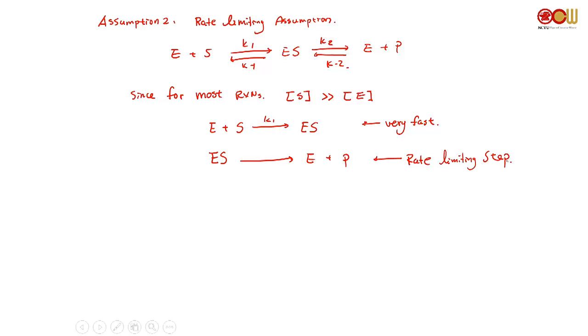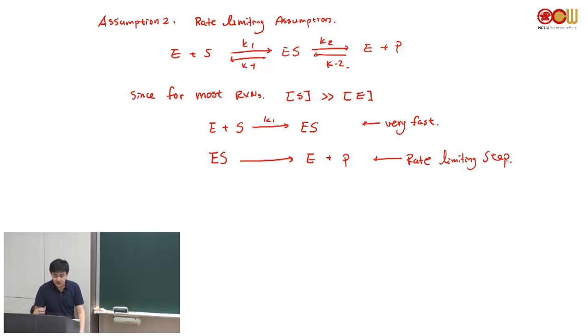Because here you have a lot of substrates, a lot of substrates very quickly just go into the enzyme, and immediately you saturate all your enzymes with substrate. So the loading between enzyme and substrate is going to be a very fast reaction. It's like diffusion. So essentially, the first part is going to be a diffusion, so that one is not going to be the limiting step.